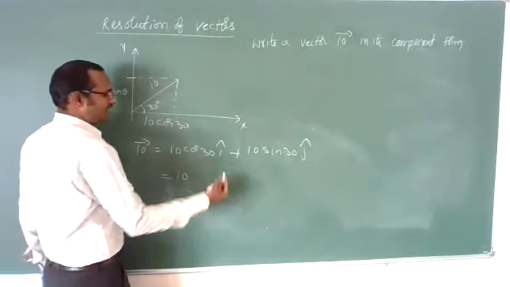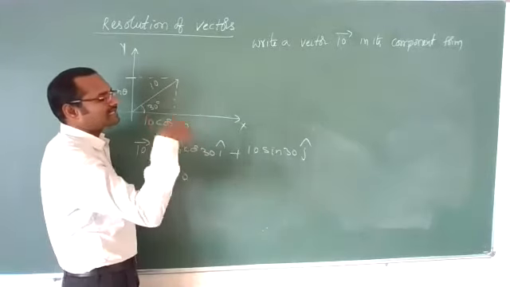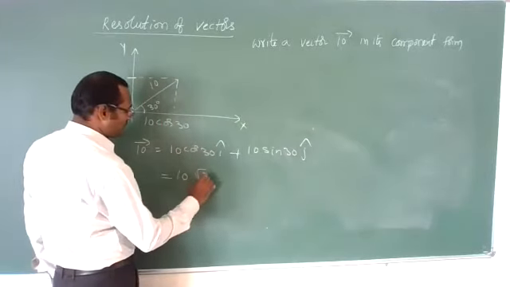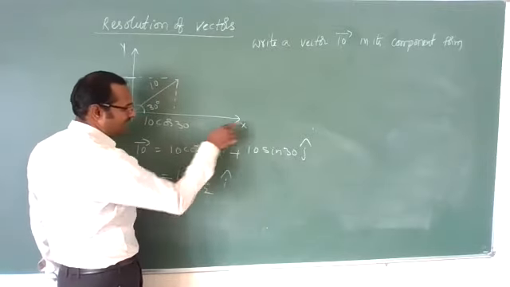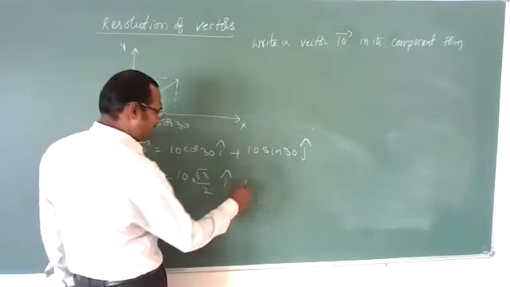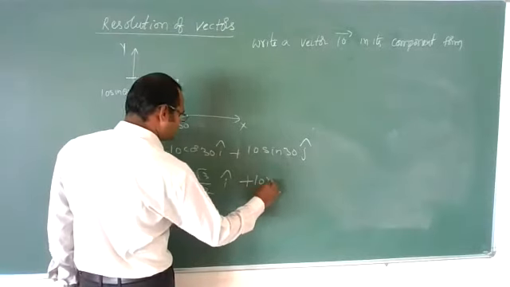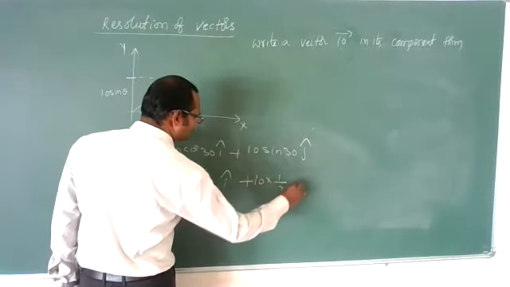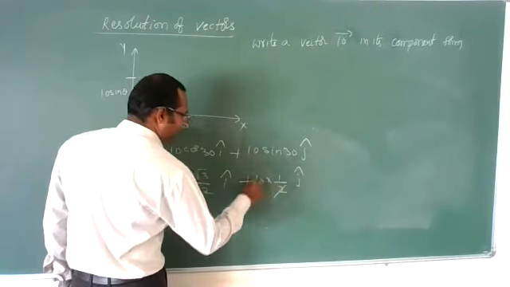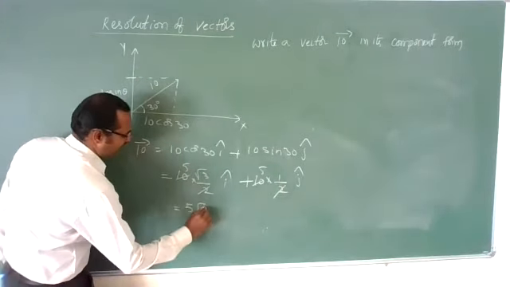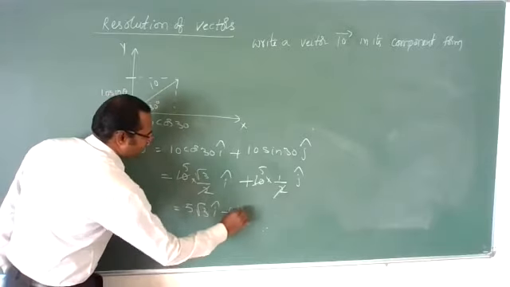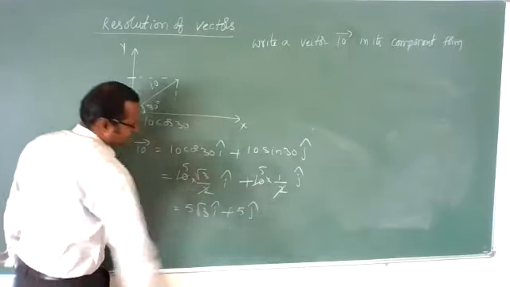Cos 30 is root 3 by 2, so 10 into root 3 by 2, and this i cap indicates along the x axis, plus 10 into sin 30, which is 1 by 2, j cap. That is 5 root 3 i cap plus 5 j cap.